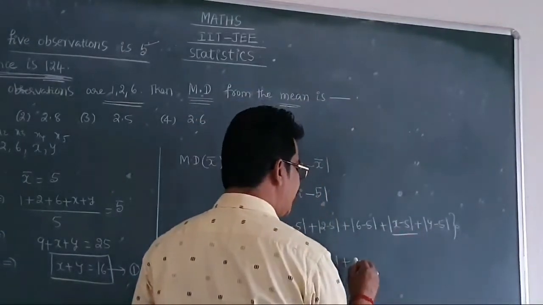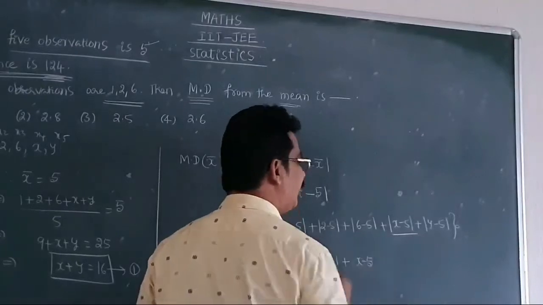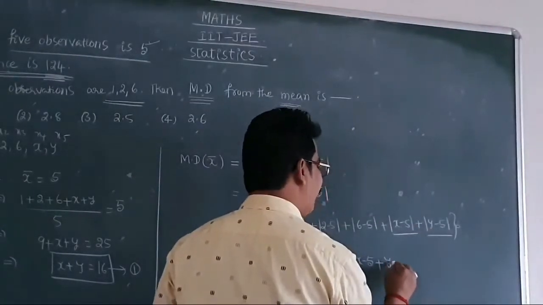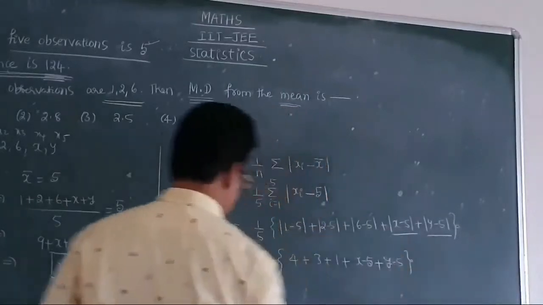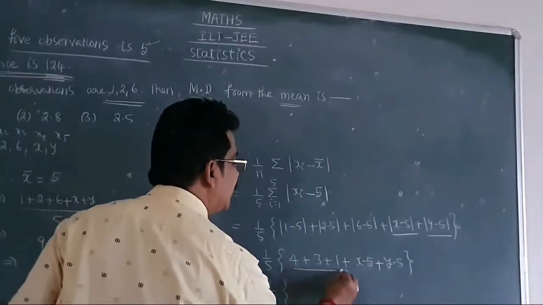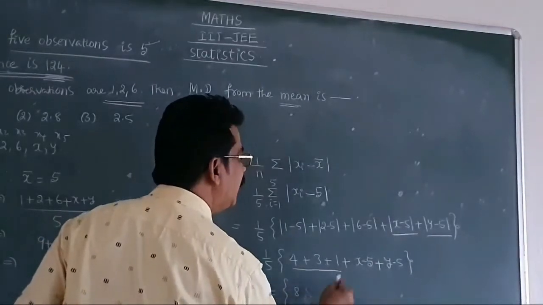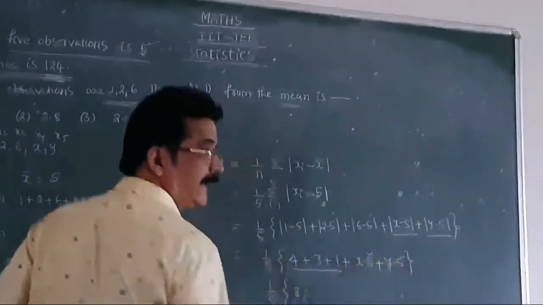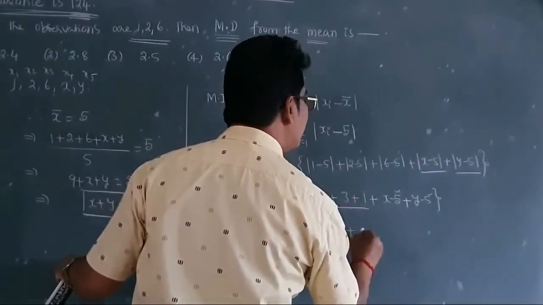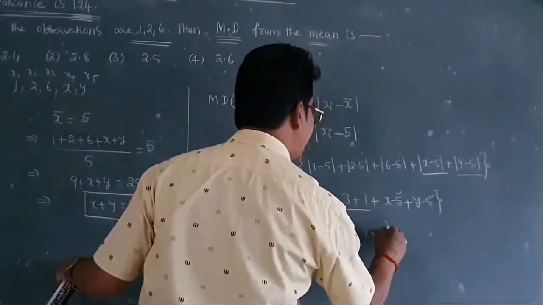Therefore, this value will be taken as x minus 5 later, plus this value will be taken as y minus 5. So that is equal to 1 by 5 into 8 plus x minus 5 plus y minus 5, which is 8 minus 10 plus x plus y.